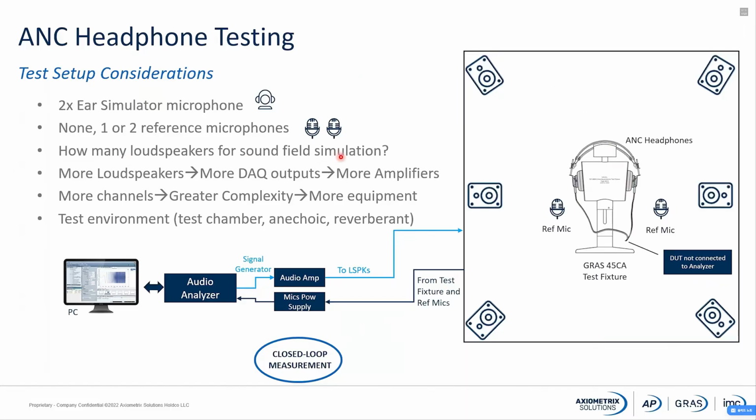So how many loudspeakers do we want to use for the sound field simulation? We have to remember that the more loudspeakers we use, the more analyzer outputs we will need, and therefore the more amplifiers we will need. And also the more channels we are using, the greater the complexity of our setup, because we are going to need more equipment.